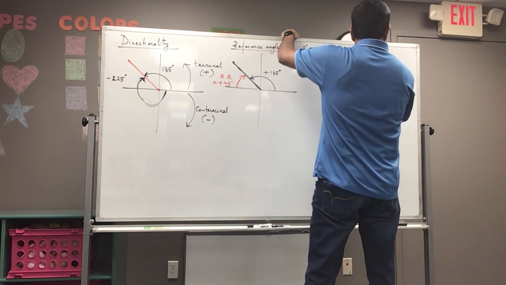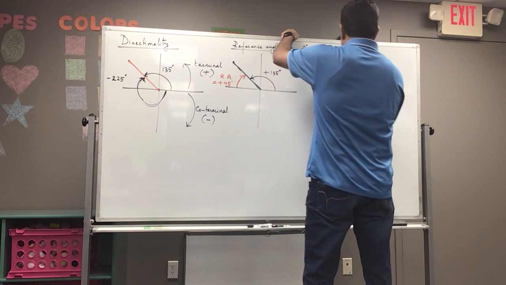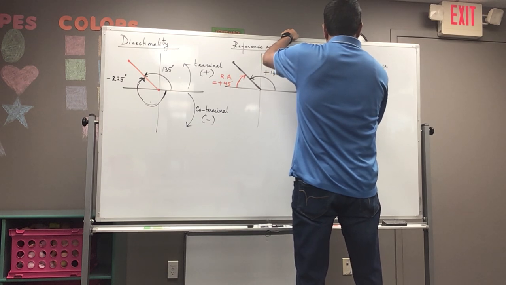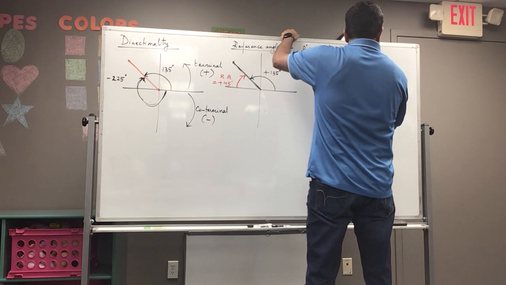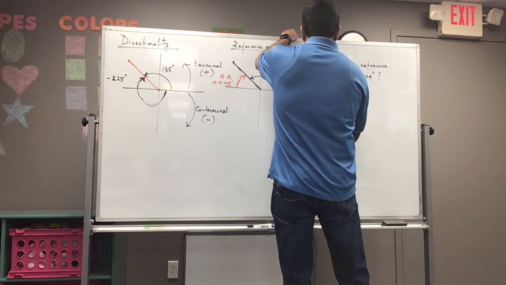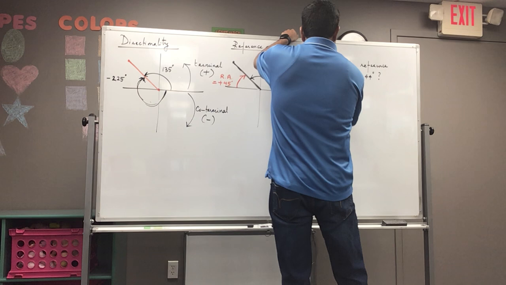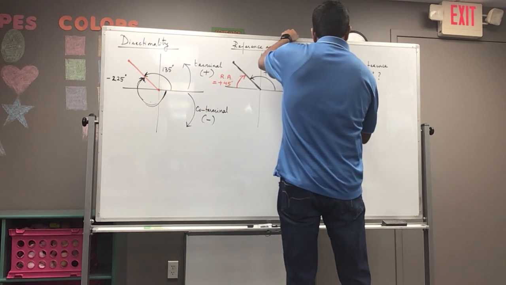What is the reference angle of negative 1,344 degrees? Let's call it 1A, 1B.